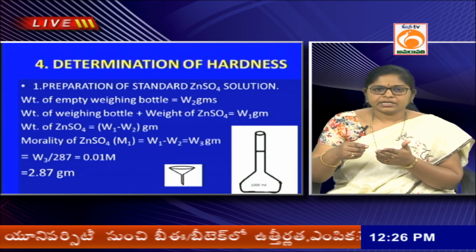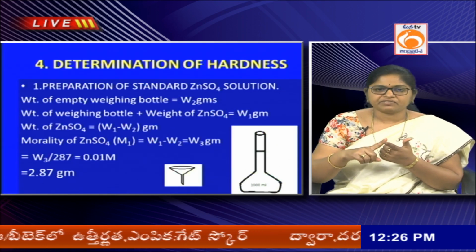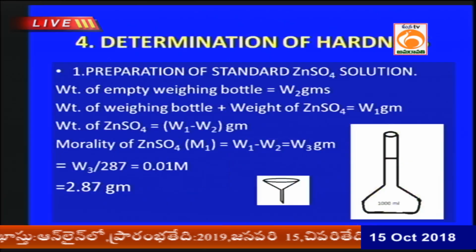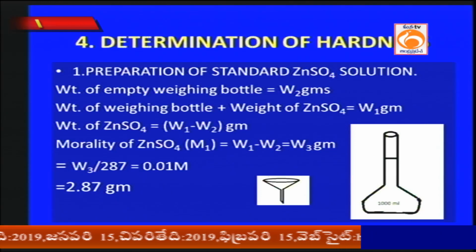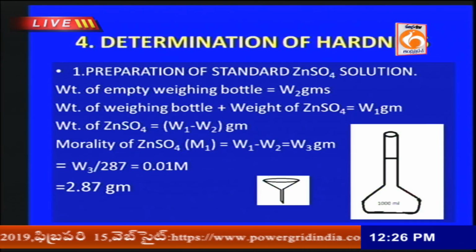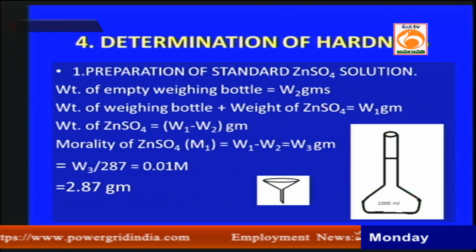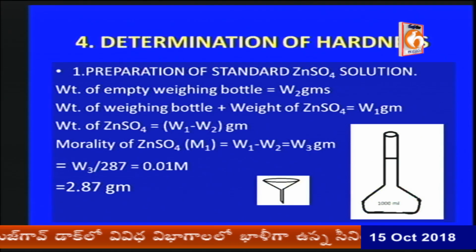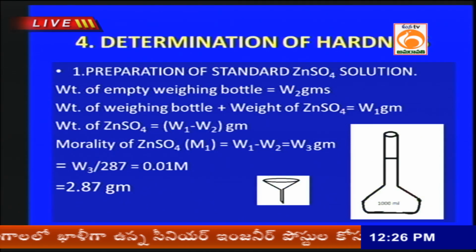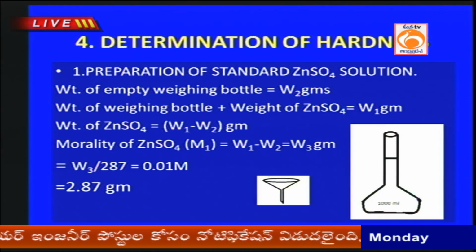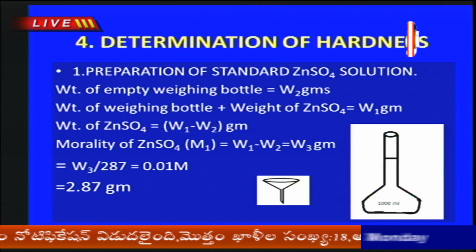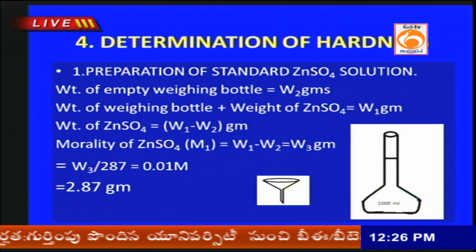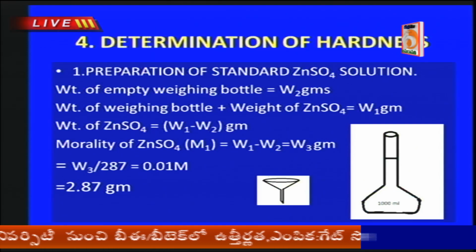Next, see the first part of the determination, which is the preparation of standard zinc sulphate solution. Suppose we want to prepare 0.01 molar. The molecular weight of zinc sulphate is 287, so 2.87 grams of zinc sulphate is weighed and transferred through the funnel into the volumetric flask.